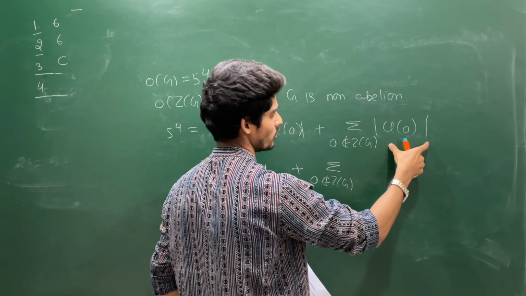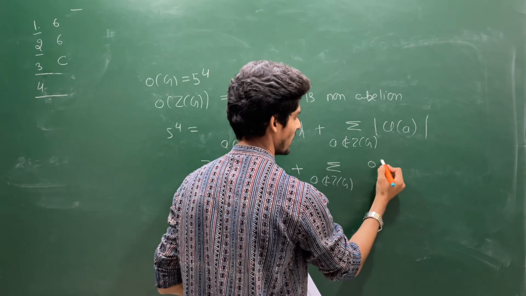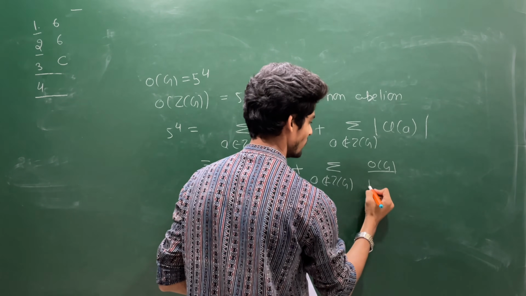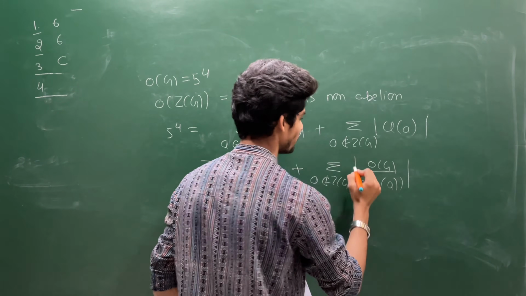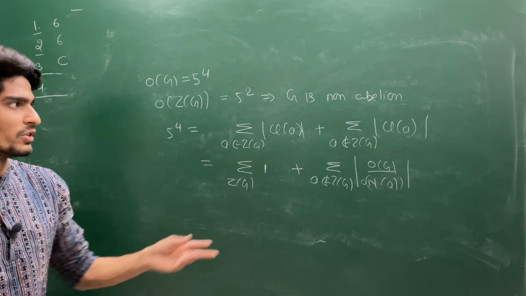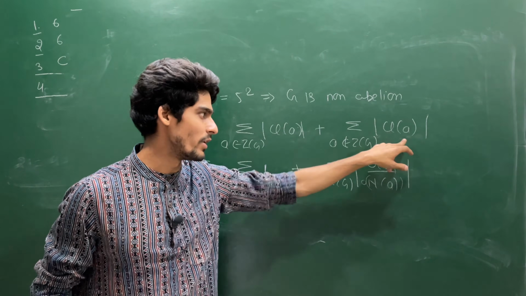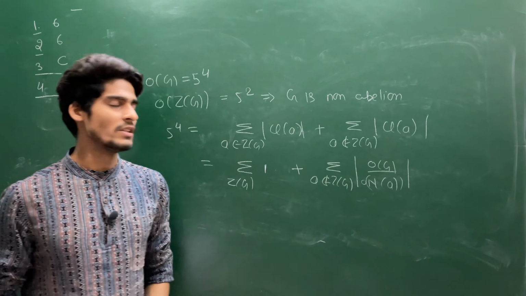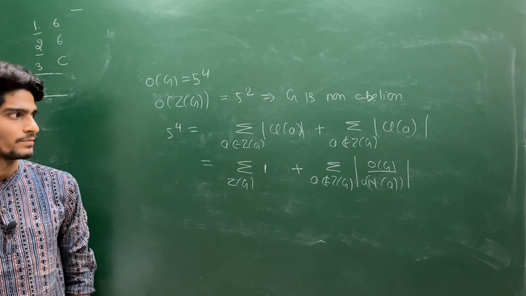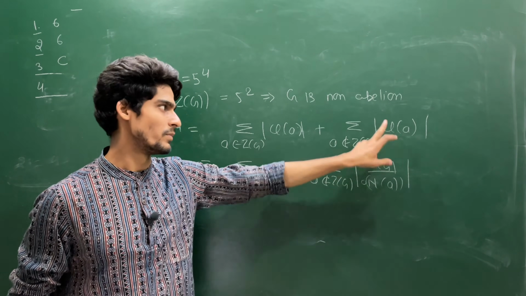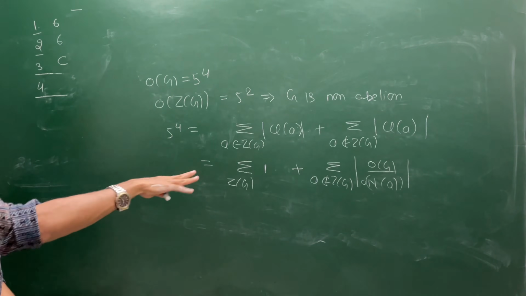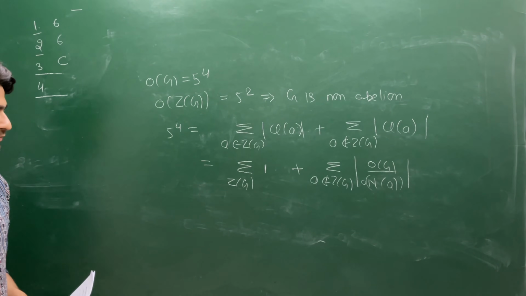And you also know the cardinality of class is given by order of G divided by order of normalizer of A, because there is a one-to-one correspondence between class of A and G quotient with normalizer of A. So this you should know, this theory that I have given with proof in theory lectures.